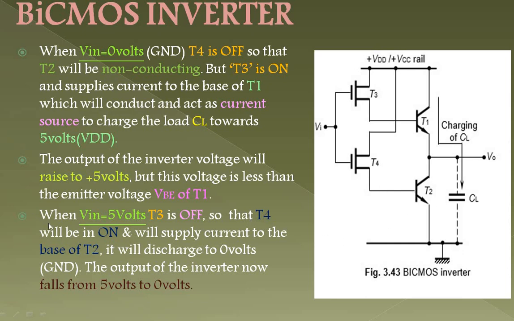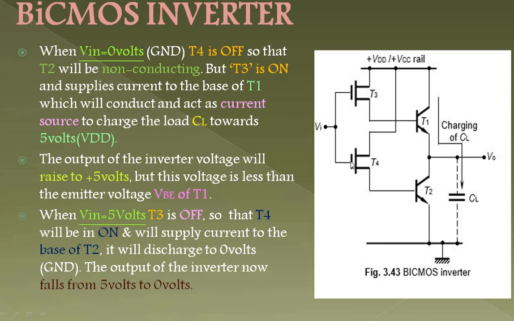So T4 will be on and will supply current to the base of T2. So it will be bringing the current from here and it will be supplying current to T2. But here the output of the inverter now falls from 5 volts to 0 volts because the capacitor will discharge now. We already had charged the capacitor through T3 when we had Vin equals 0 volts.